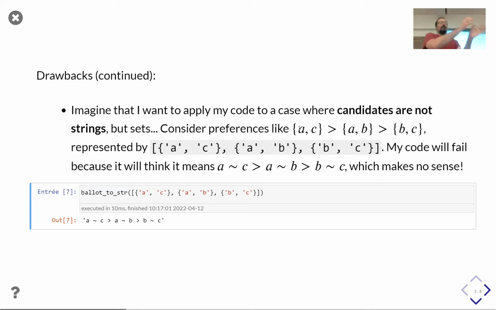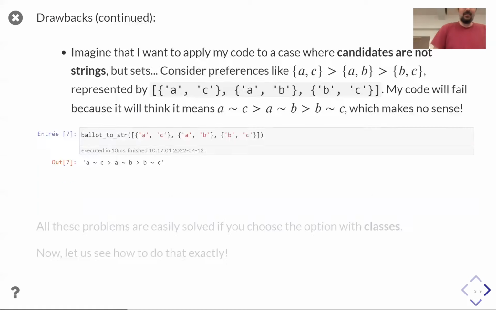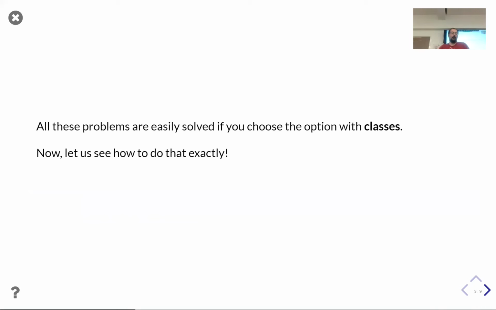So you prefer the set AC, then the set AB, then the set BC, for example. You will naturally represent that by, I prefer the set AC, then AB, then BC. If you put that in the previous code, it will understand that, in fact, you are indifferent between A and C, and then you prefer that to A, and it just makes no sense.